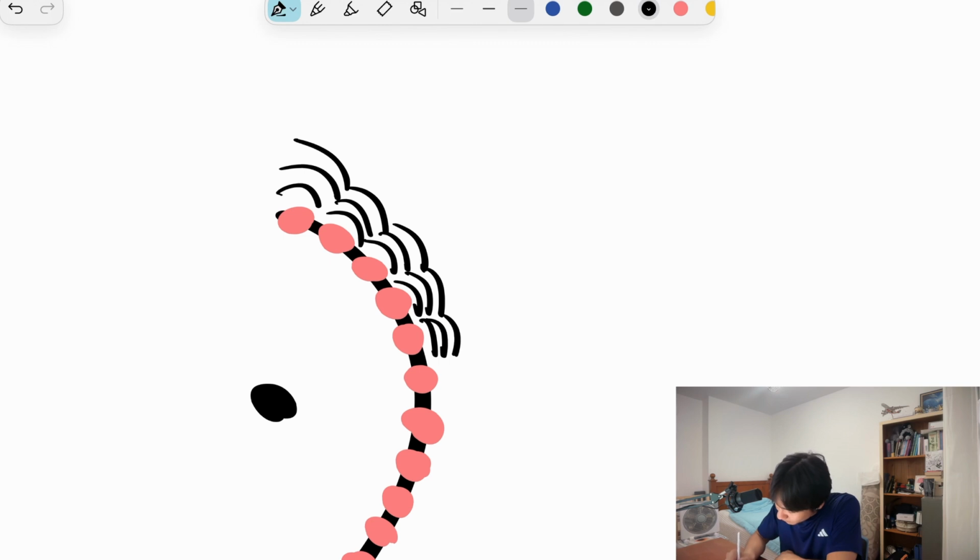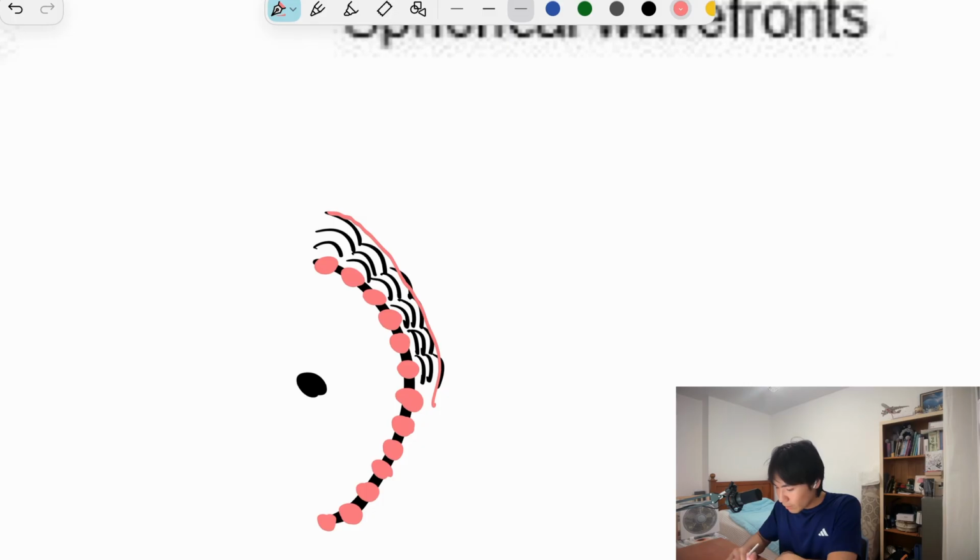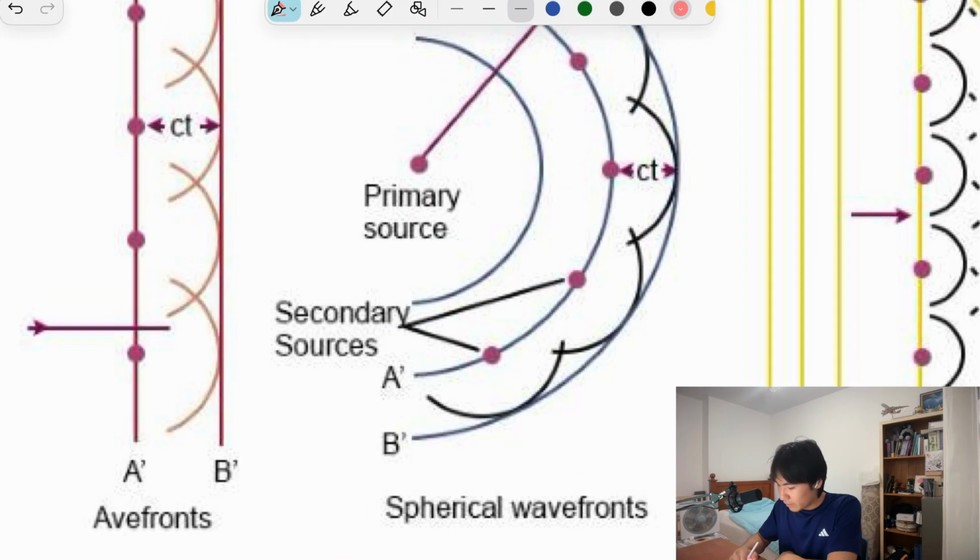Okay, why is this useful? What happens is that each of these points produces its own wave fronts, and these wave fronts interfere constructively in order to build a new wave front.